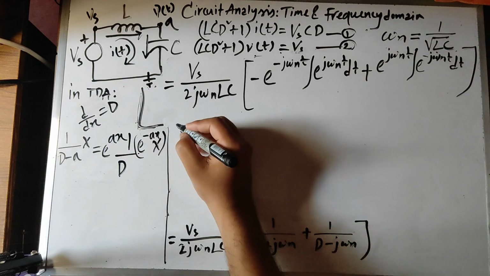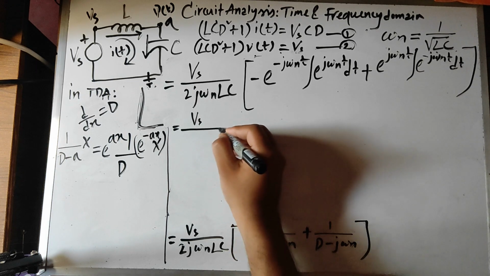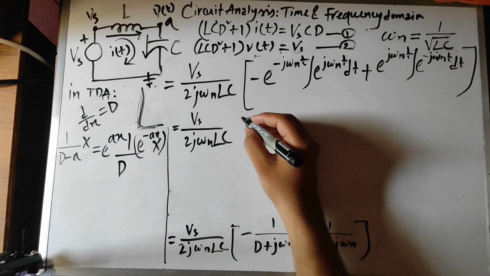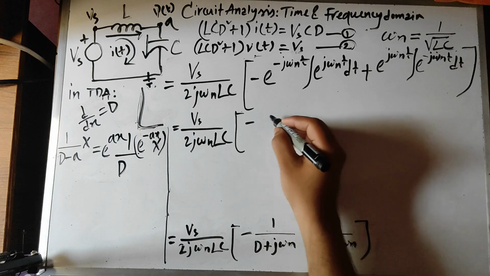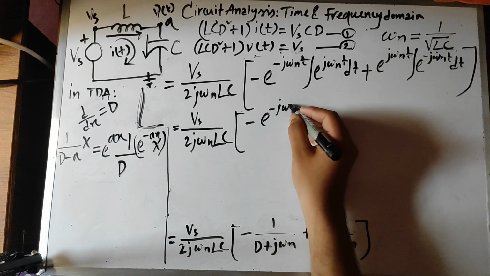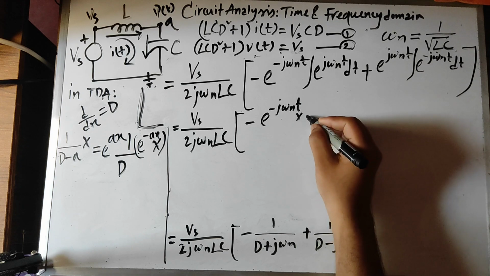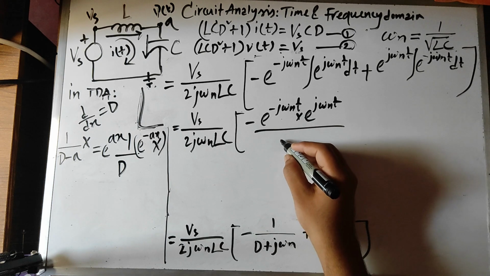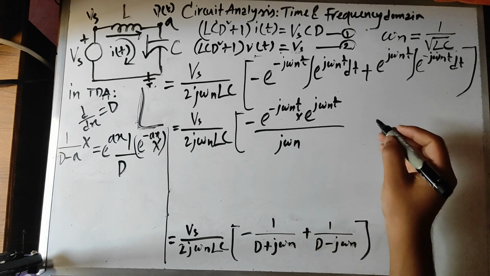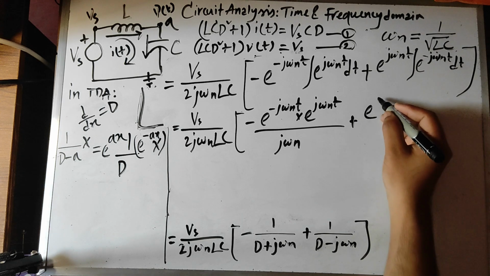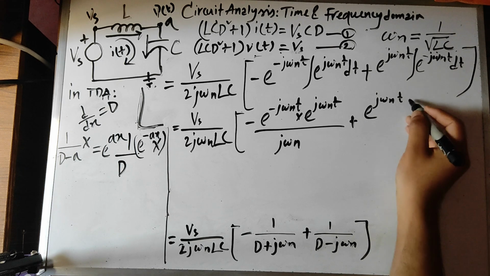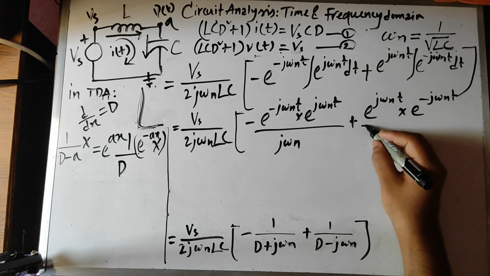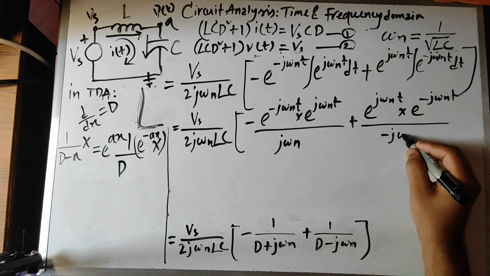If we just integrate this, Vs by 2j omega n LC times minus e to the power minus j omega n t cross e to the power j omega n t by j omega n, plus e to the power j omega n t cross e to the power minus j omega n t by minus j omega n.